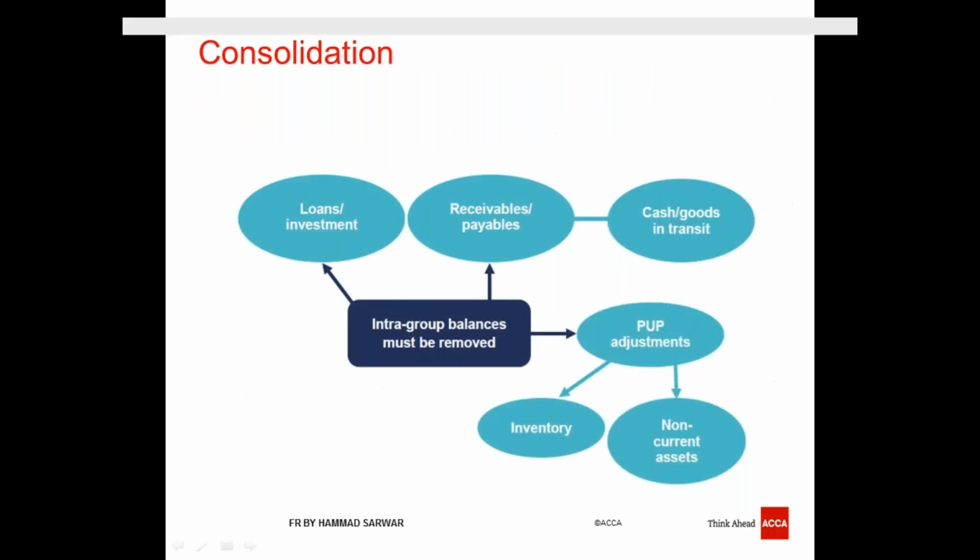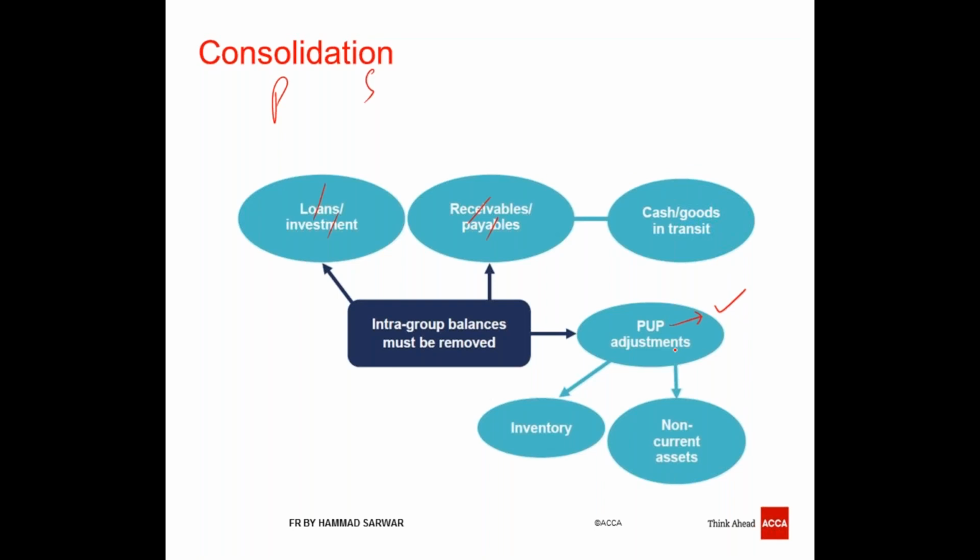So let's start with some of the adjustments of the balance sheet. The first one is about the loans and investments. Remember this point that when we are talking about consolidation, we always cancel out all types of loans between the parent and subsidiary. Any type of loan that exists between the parent and subsidiary should be cancelled. Similarly, all types of receivables and payables should be cancelled out with each other, and all types of unrealized profit should be adjusted.